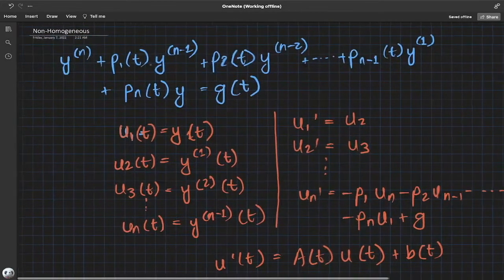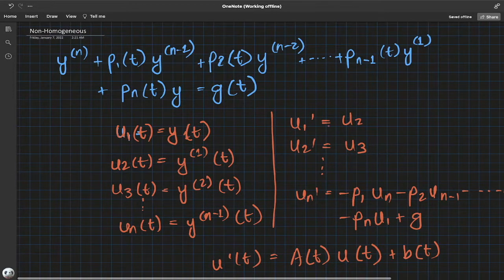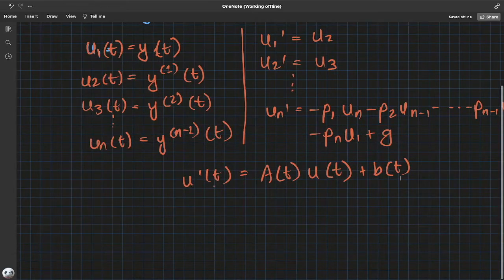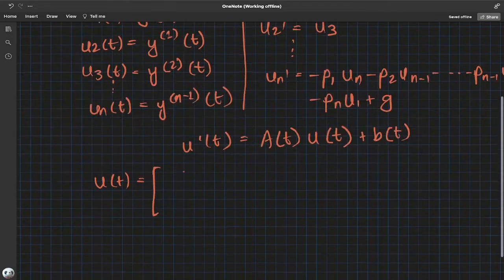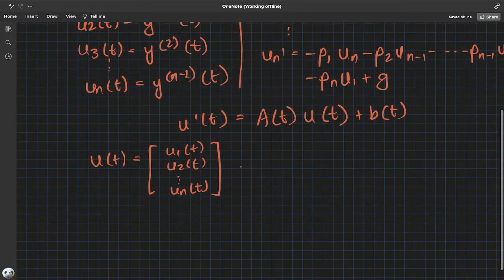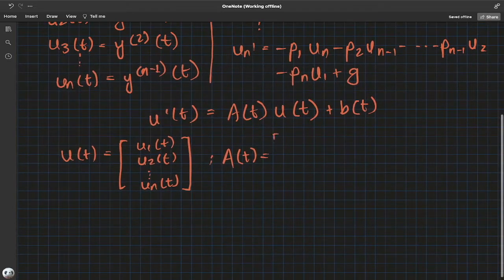This indicates in general that this system of equations that we're trying to solve is associated with a non-homogeneous problem. So then U of t, of course, is U1 of t, U2 of t, Un of t, this column vector. Well, A of t, the coefficient matrix, is like before. Literally nothing has changed.